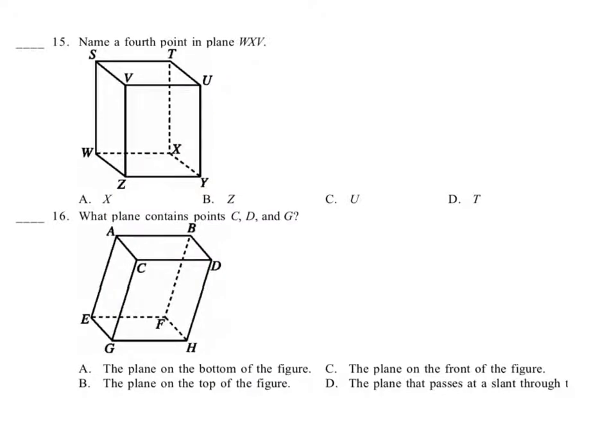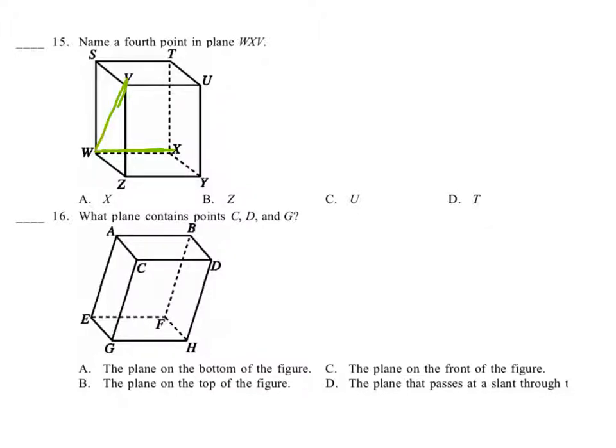Okay, name a 4th point on plane WXV. Let's see where WXV is. WXV. Well, if it goes from W to X, and also V, then we're going diagonally through the box.